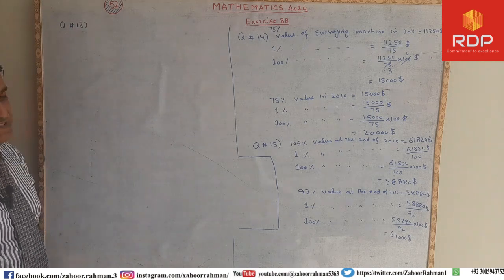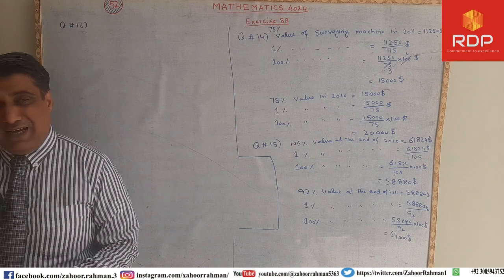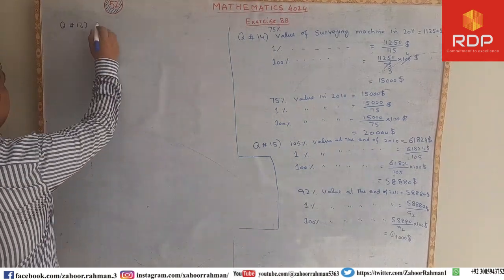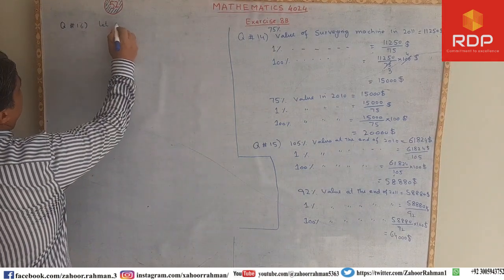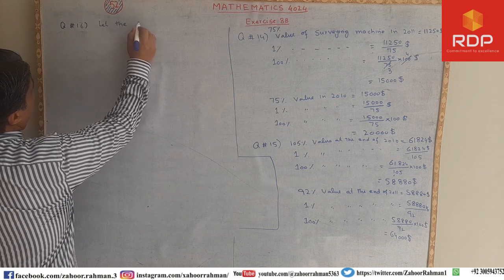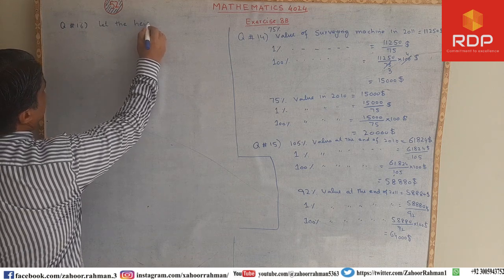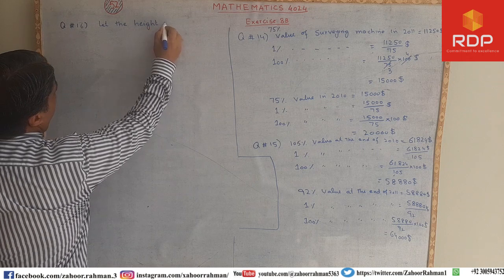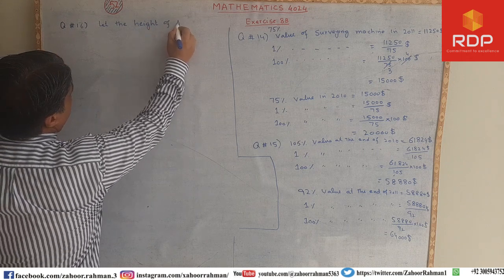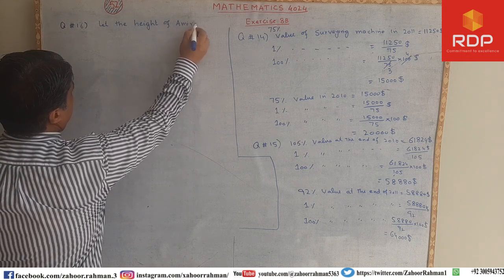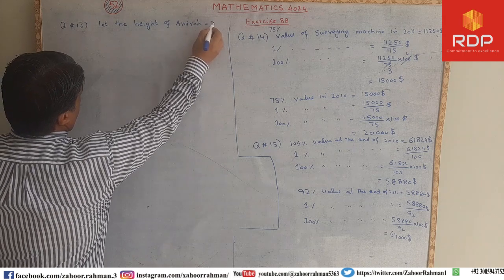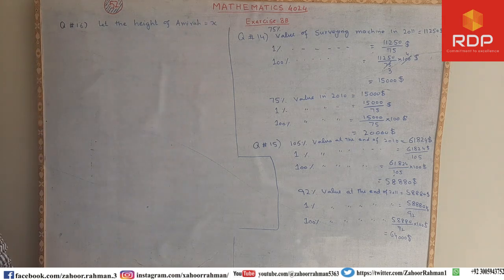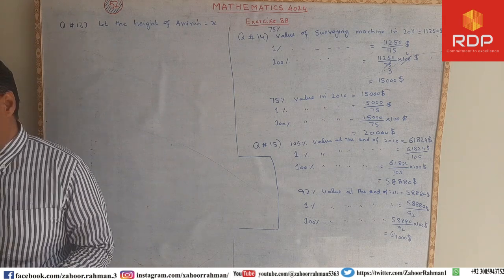Let the height of Amira be x. Let the height of Amira be equal to x, because we don't have it.